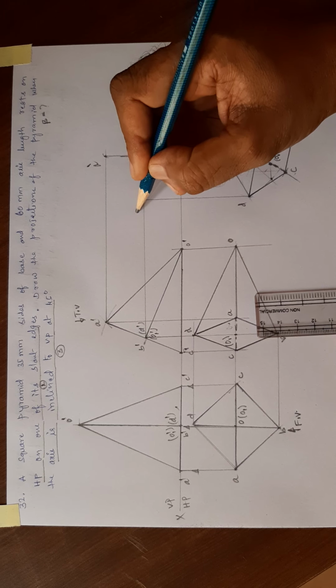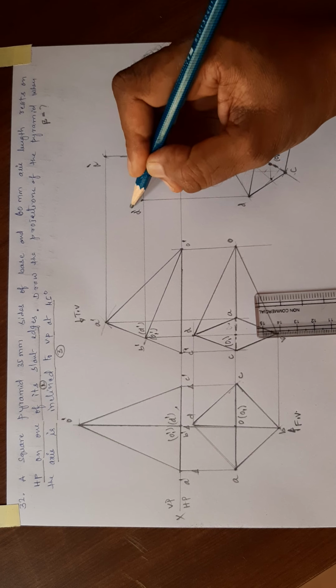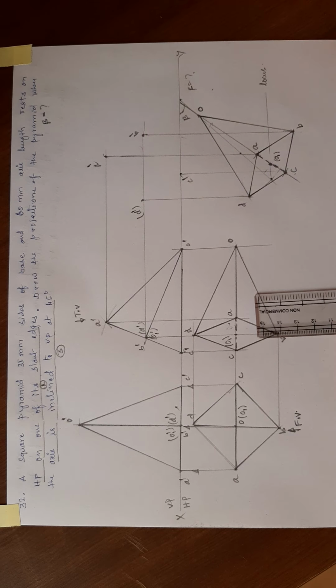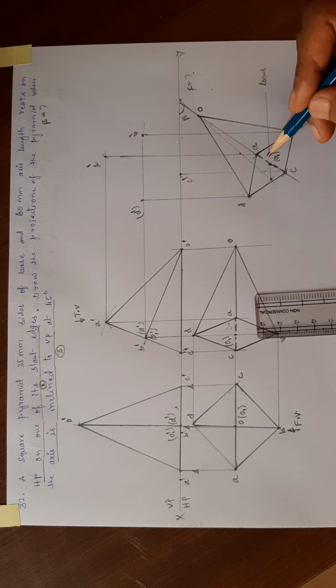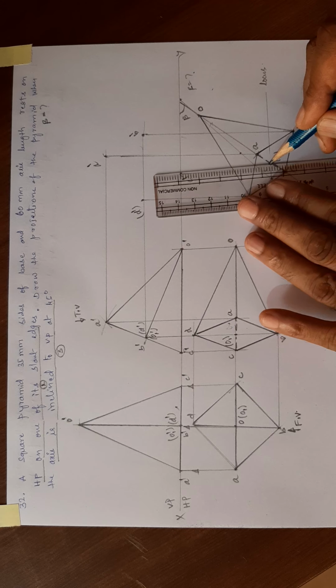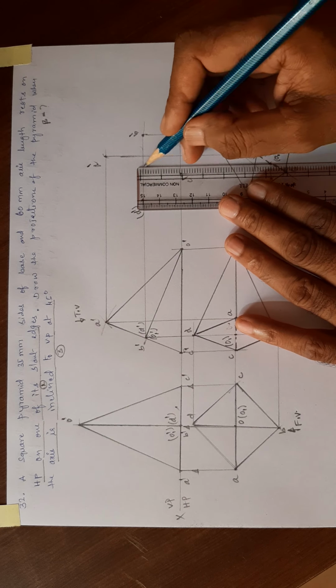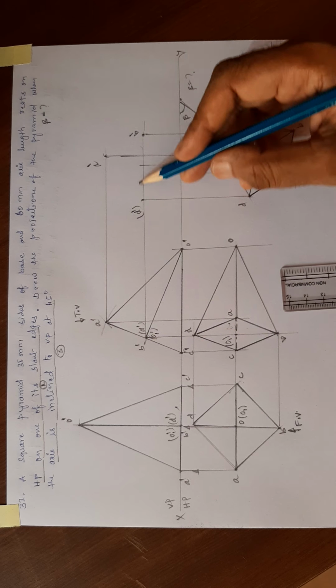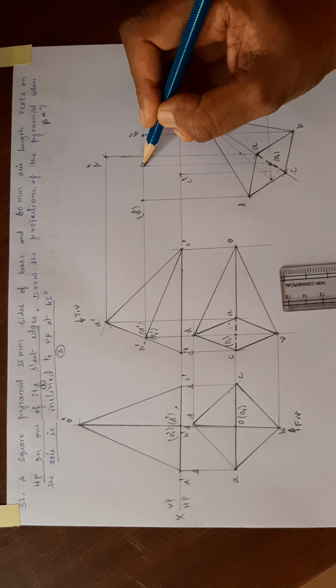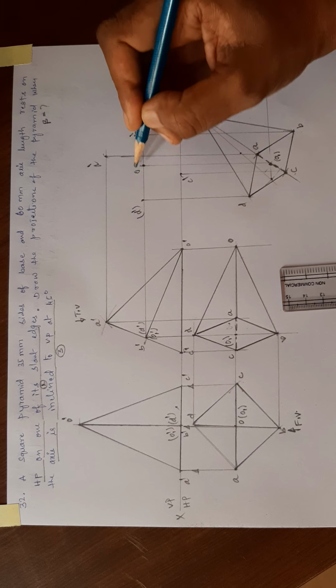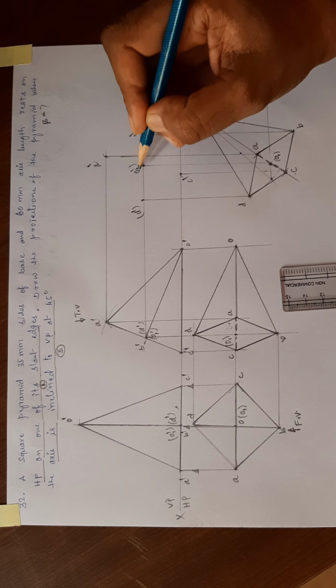D dash is in the bracket. All the 4 points will finally have a center point here. Center point O1, vertical projector line from O1. Now see O1 dash. This point is the center point, so that is O1 dash in the bracket.